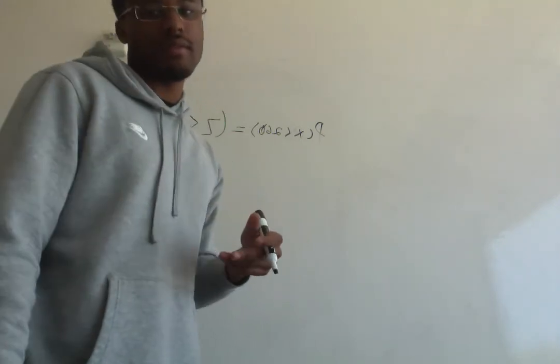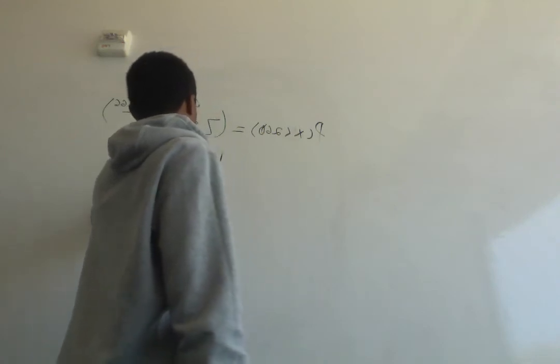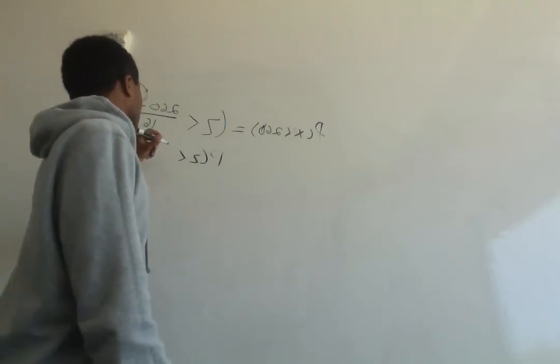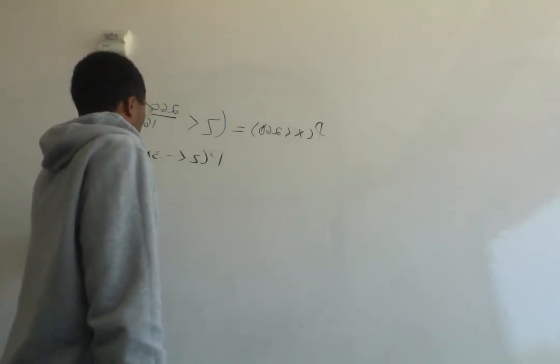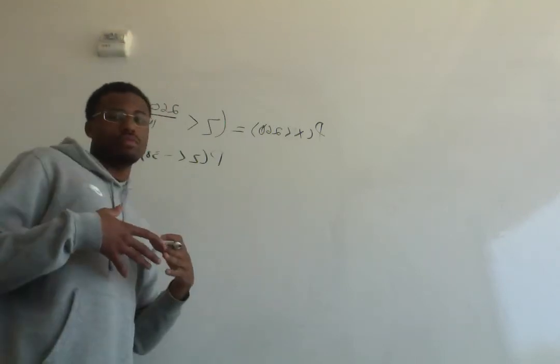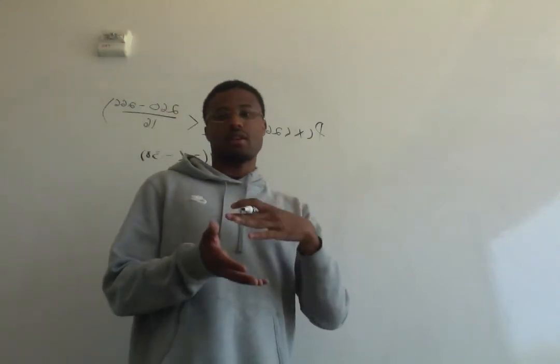So what you would get from this, once you do all the math, is P, Z is less than negative 0.38.